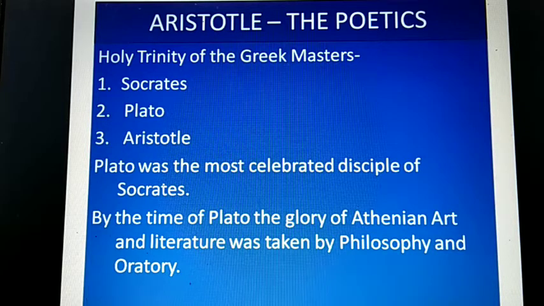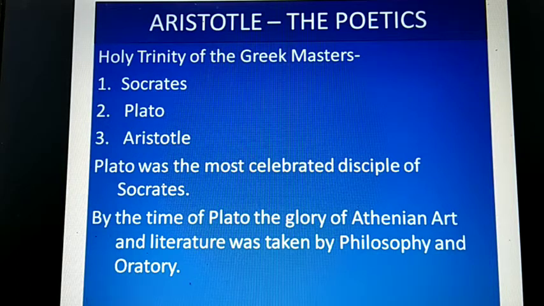So we know that Plato was the most celebrated disciple of Socrates. By the time of Socrates, the glory of Athenian art and literature, illustrated in the works of artists like Phidias, Polygnotus, and writers like Aeschylus, Sophocles, Euripides and Aristophanes, was on the wane, and their place was taken by philosophy and oratory.